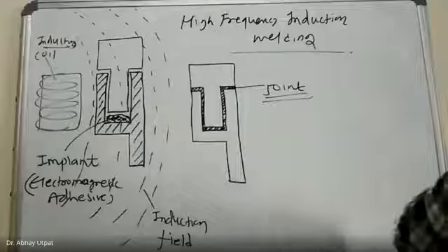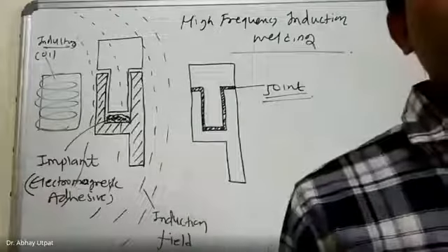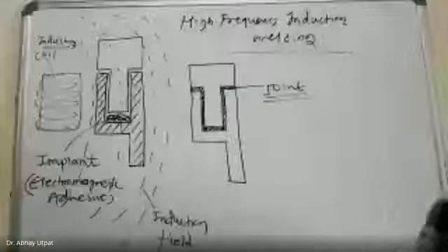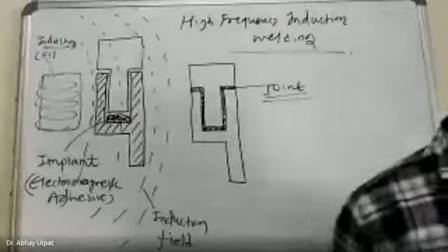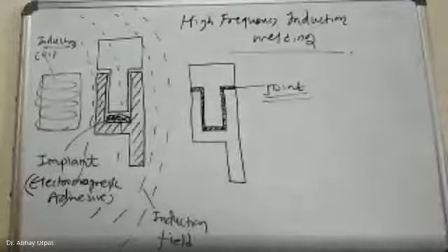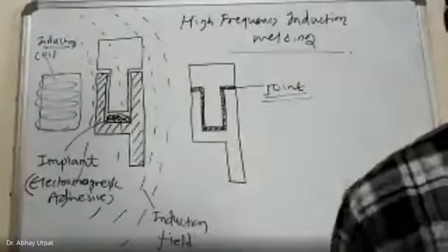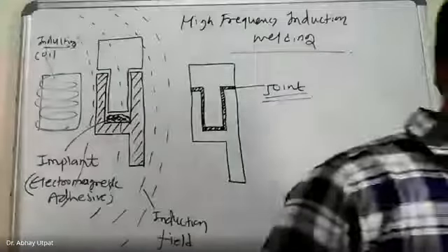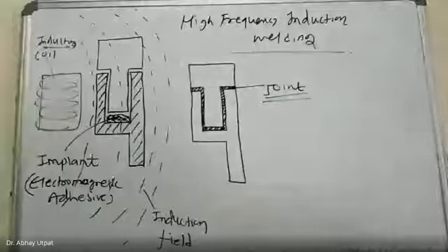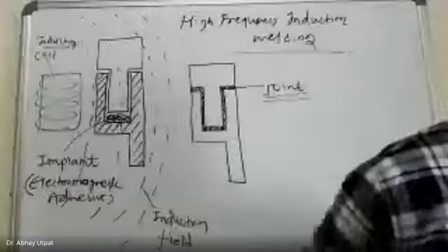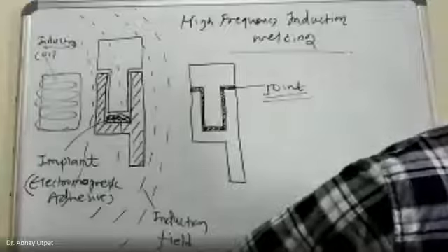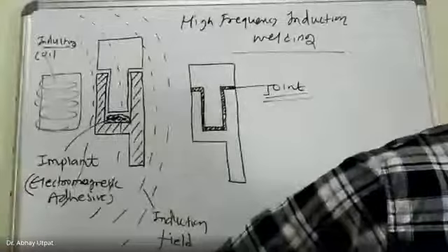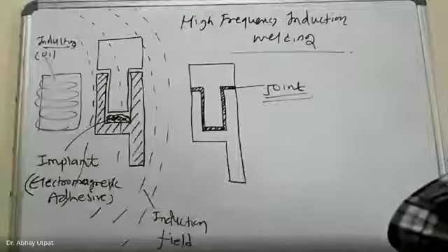Advantages: a strong hermetic tight joint can be produced. Second, multiple joints can be welded simultaneously.